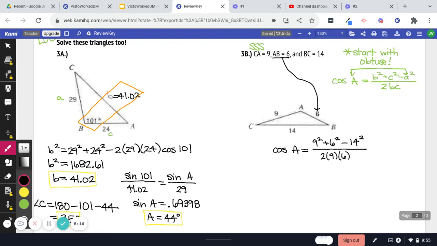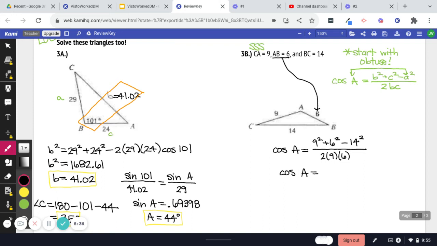Okay, so that means cosine A is a little bit of a big number. So let's see, 9 squared plus 6 squared minus 14 squared. So my numerator is going to be negative 79.